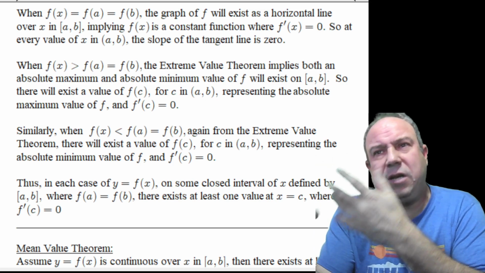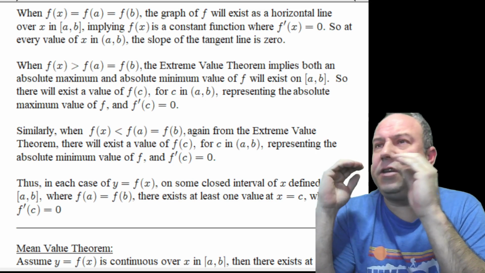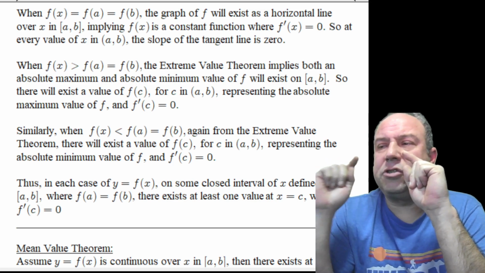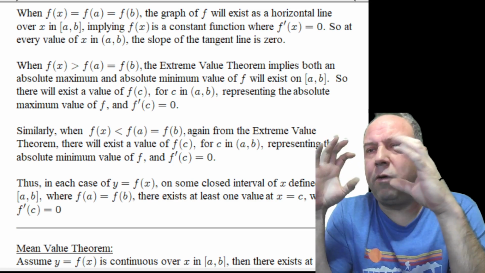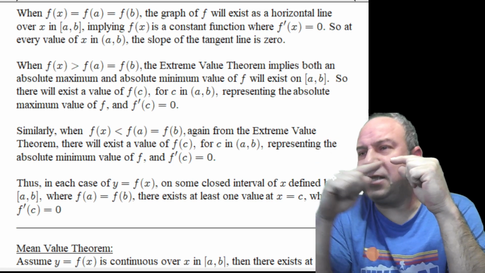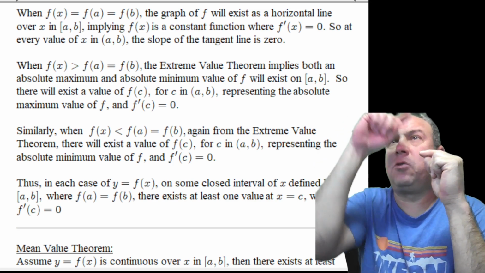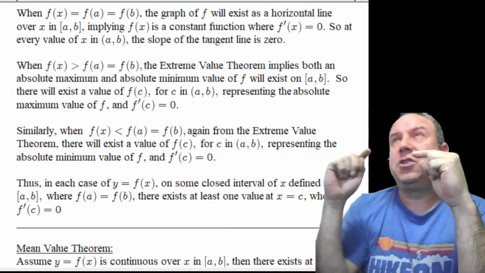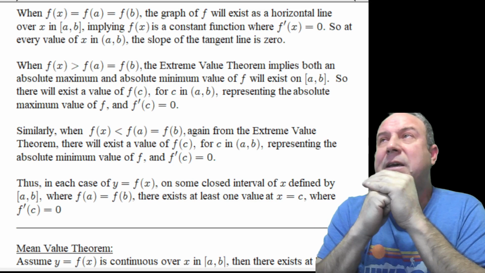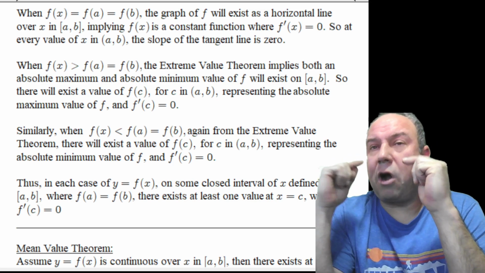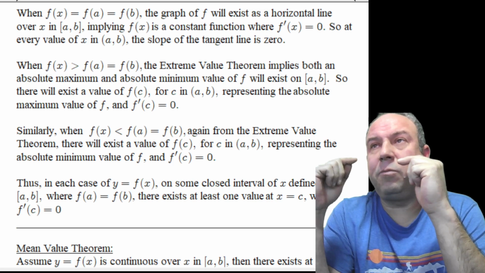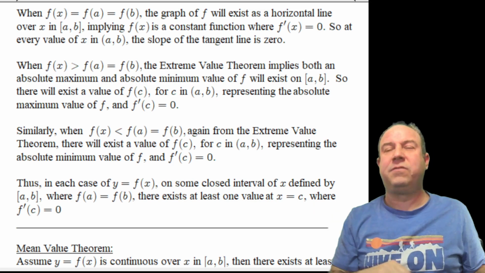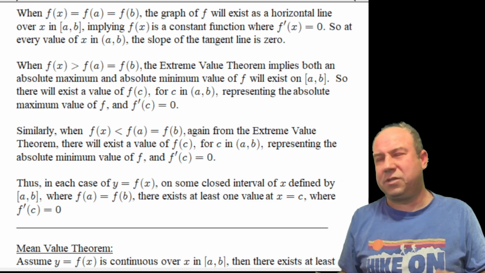And what we just showed here was that in each case of a function, all the different scenarios that you could have for a continuous and differentiable function from a to b over some closed interval, whether it's a constant function, a function that's always greater than f at a and f of b, or a function that's always less than f at a and f of b, regardless of those scenarios, the extreme value theorem or just the fact that you have a horizontal line will always guarantee that there's at least one c in those intervals where the slope of the line tangent to the curve would be equal to 0.